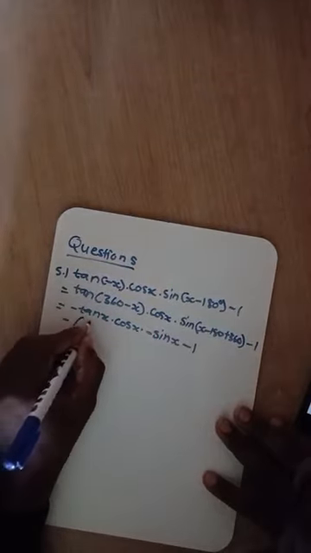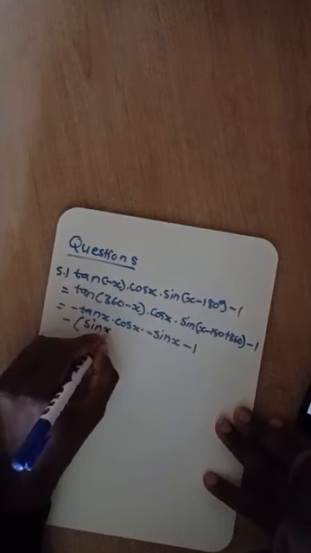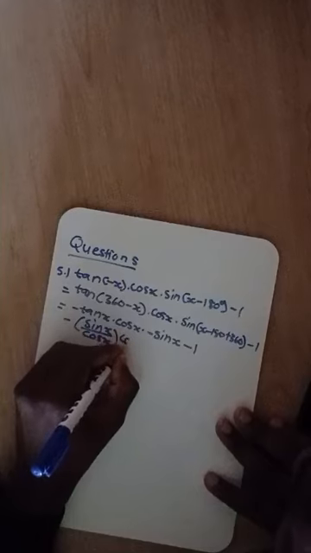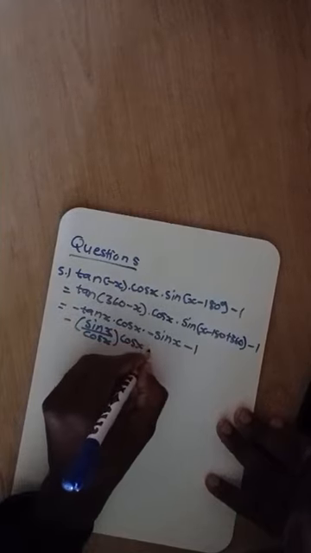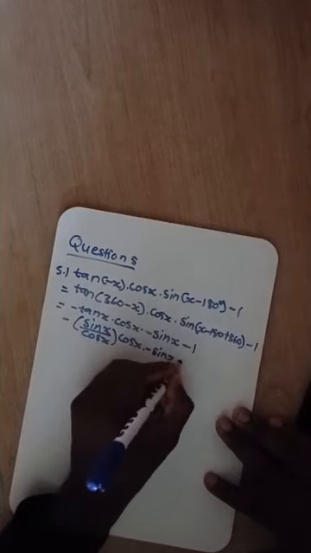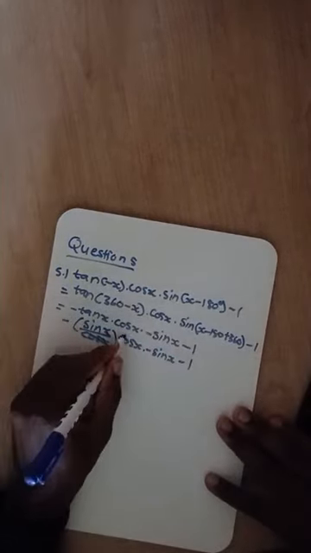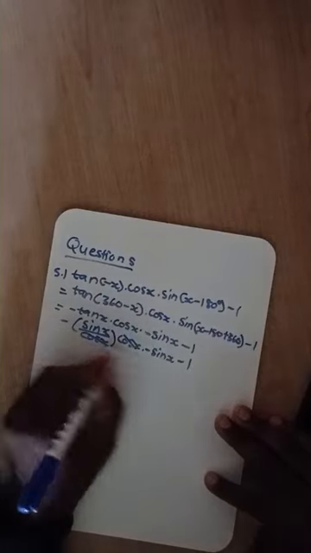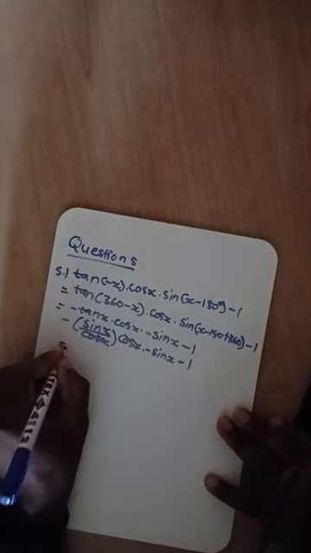Tan, we change it into sine x over cos x. Then we have cos of x, minus sine of x. Remember, it's multiplying minus 1. This and this cancel out. Negative times negative is going to be a positive.